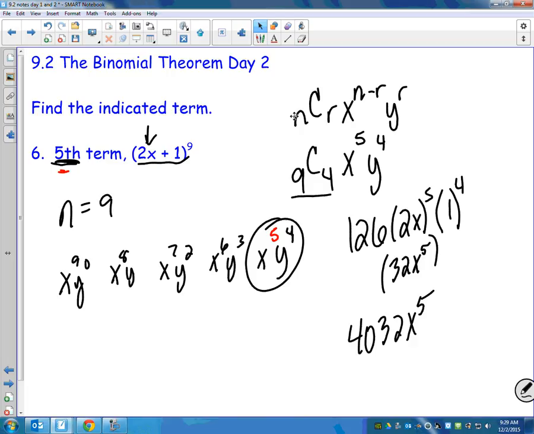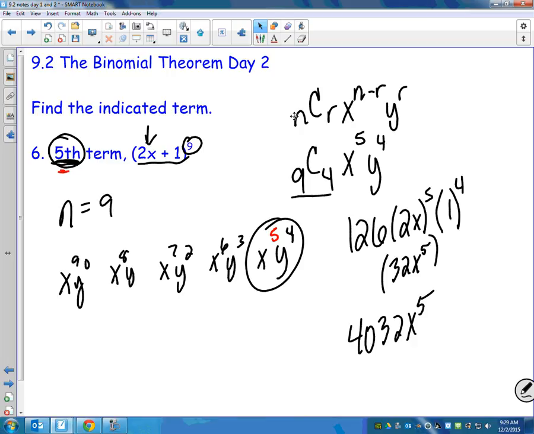Now we've got to figure out, how can we do this without having to work it out? It's exponent minus the term, because the x starts with that term and goes down. Right?